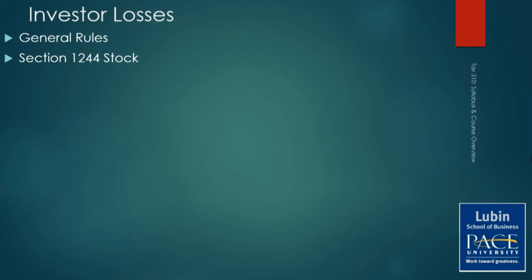If you lose money on stocks, long-term capital losses, for instance, you can only take that against ordinary income to a very minor extent. I believe it's about $4,000 a year. I could be wrong on the specific amount, but the point is there's a limitation on the capital losses that you can take.